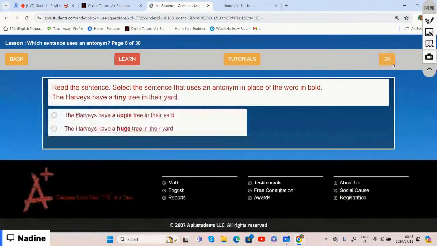All right, let's look at the last one. The Harveys have a tiny tree in their yard. The opposite of tiny. Is it the Harveys have an apple tree in their yard, or option two, the Harveys have a huge tree in the yard? If something is not tiny, it is apple, or if something is not tiny, it is huge.